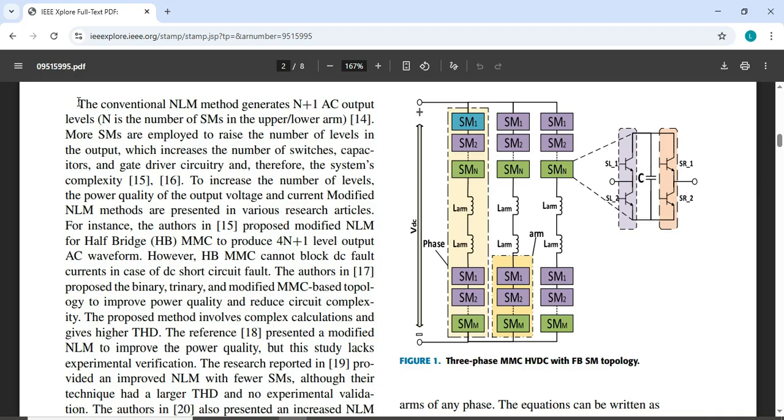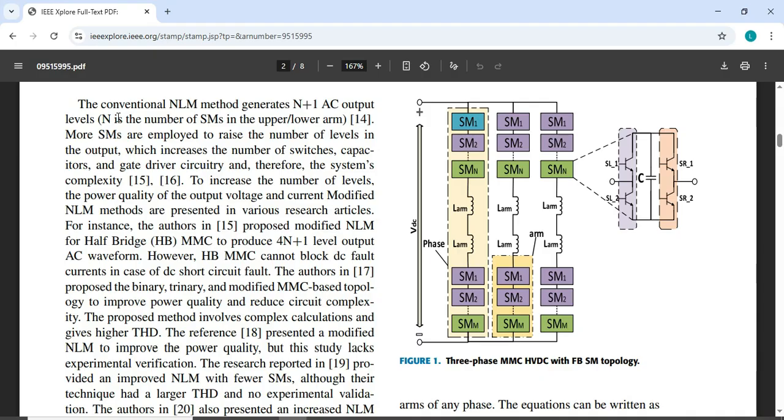Secondly, whenever there is a DC fault on the HVDC line, the full bridge submodule has the capability of blocking DC fault current compared to the half bridge submodule, where whenever the fault occurs, the switches do not operate, only the diodes operate.